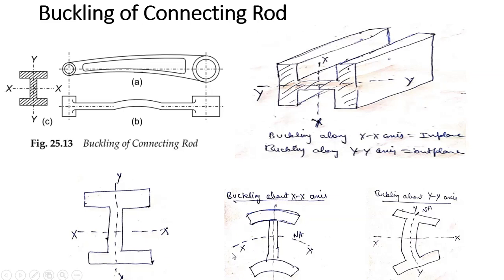Whenever the axial load is applied, the material loses its stability and deforms, collapses. So if we consider the buckling along the x-axis, it will deflect like this. If I consider the buckling along the y-axis, it will deflect like this. So these are the two cases.